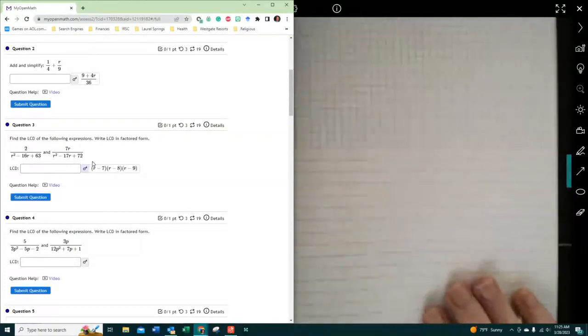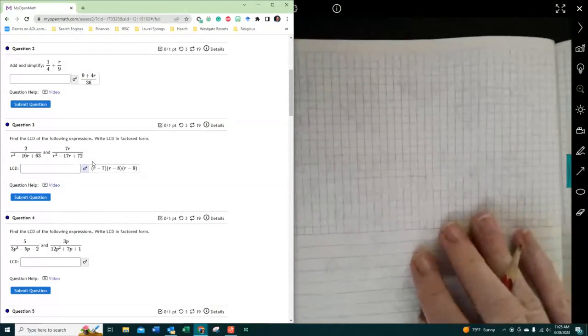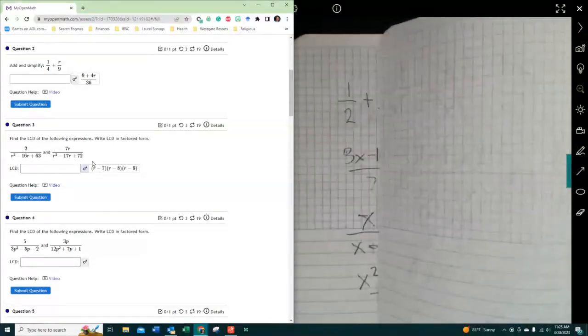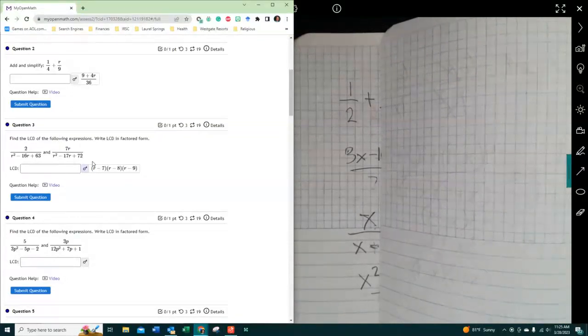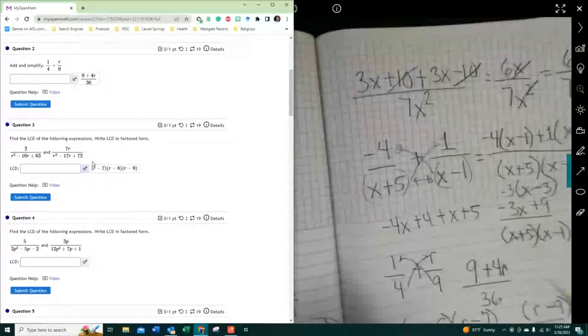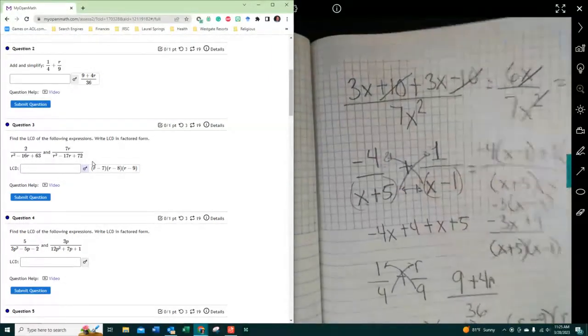Okay. So finding the LCD is a very important process. When we factor to reveal where they are not the same is where we're going to cross multiply. That cross multiply thing that we did earlier, we would be multiplying by the component that they don't have.